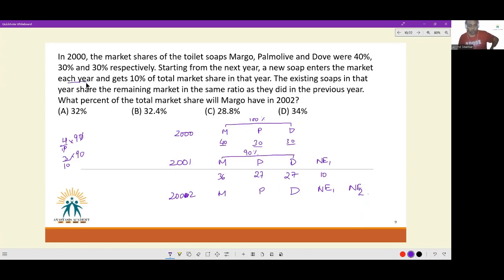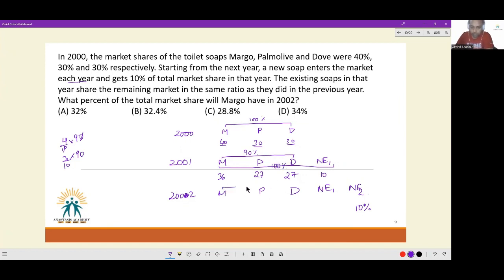Every year, a new entrant comes into the market. Now, this new entrant has got 10% market share. And previously, all four of them together had 100% of the market.